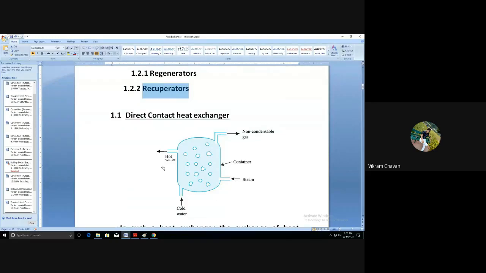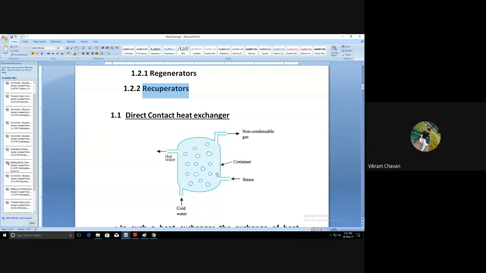This is a closed compartment, and in this compartment cold fluid is transferred from one side and steam is transferred from the other side, and the mixture is allowed in this compartment. The hot steam will exchange heat with the cold fluid, and the steam will get condensed, and we will get hot water from the other side.